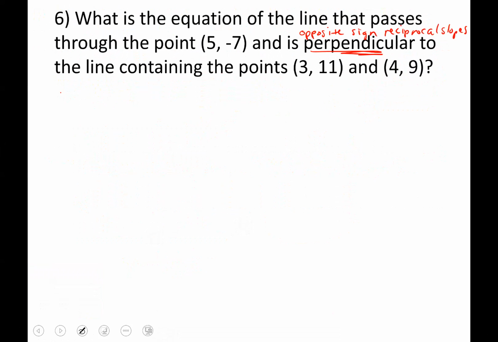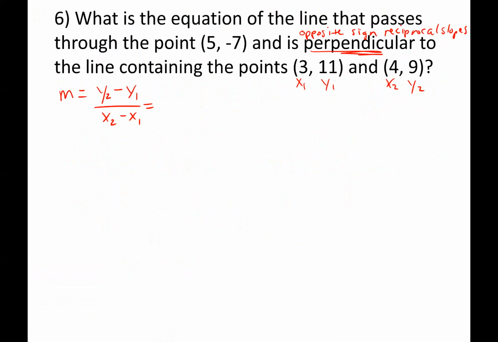In order to figure out opposite sign reciprocal slopes, we need to know the slope of the first line. So using our slope formula, y2 minus y1 over x2 minus x1, we're going to go to those 2 points that were given here. And I'm going to call this x1, y1, x2, y2. Because those 2 points are on the other line, that's going to tell me the slope of the other line. Okay, so here goes.